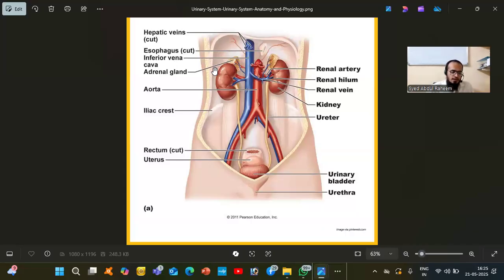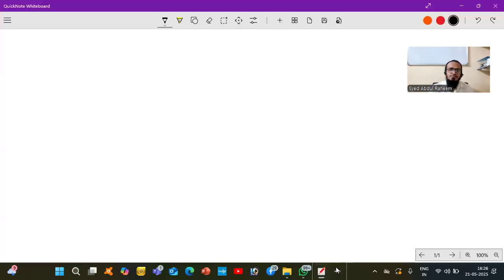So let's discuss the different types of radiological scans, what the doctor will suggest, and what those are. So let's discuss in this class. Basically, we call these imaging modalities.